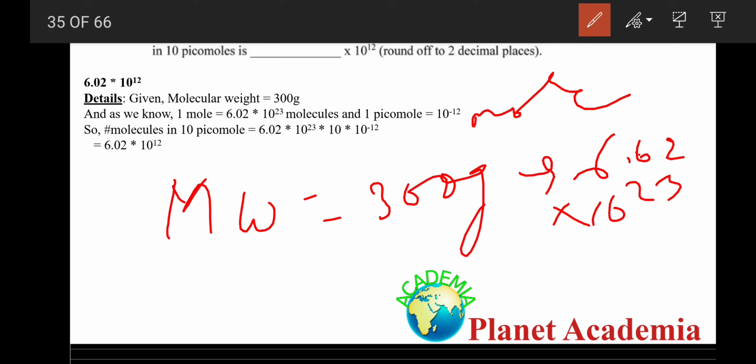Then how many particles should be present in 1 picomole, right?